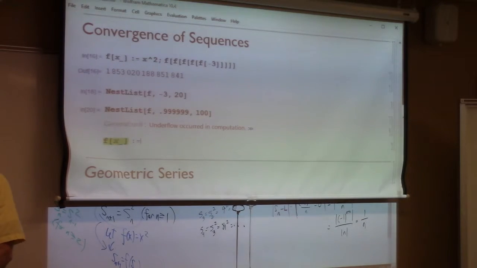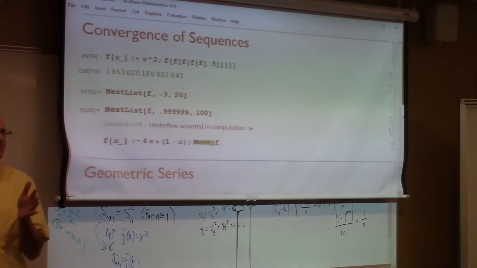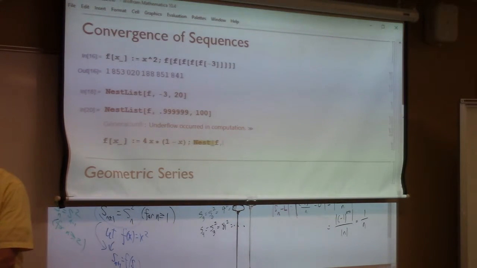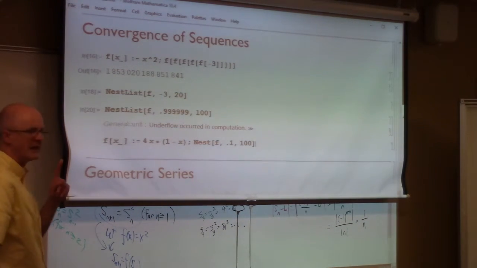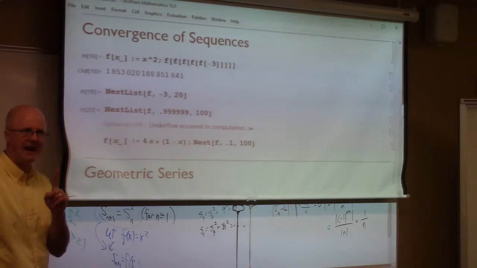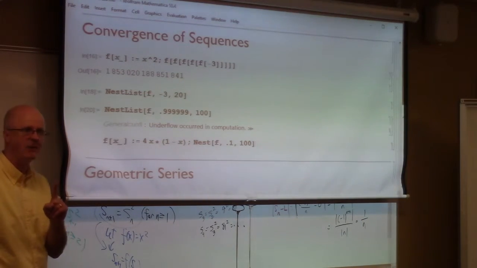Here's my favorite strange example. f of x equals 4x times 1 minus x. NestList f for a starting value. The starting value is sometimes called the seed. Oh, let's try 0.1 and let's do 100 iterations. So let's try to figure out the first iteration by hand. In other words, let's try to figure out S2 by hand.